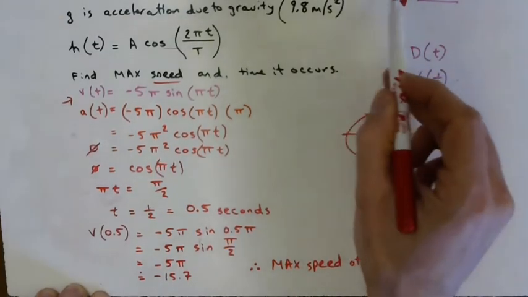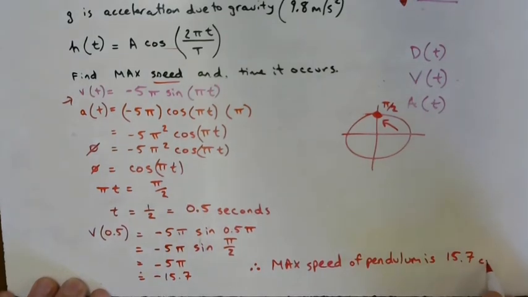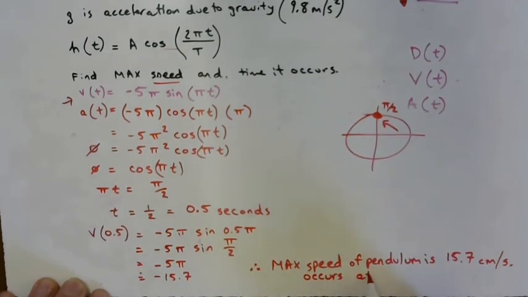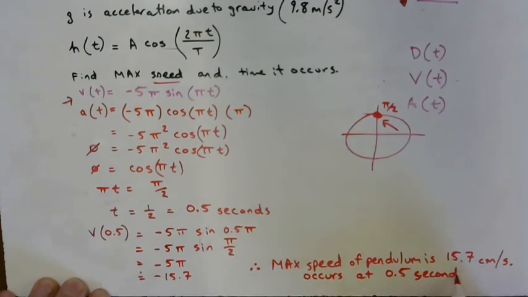Horizontal distance is given in centimeters, so centimeters per second. And this occurs first at 0.5 seconds. Maybe put the word first.